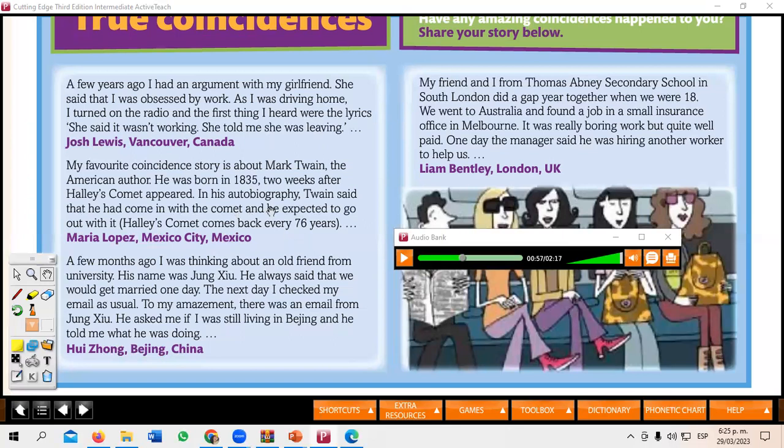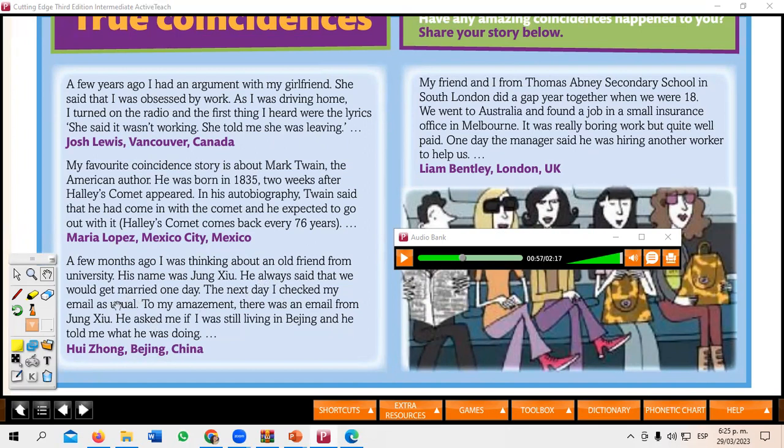Right. So we were correct. He died a day after the comet reappeared. Okay, this third coincidence is about a woman who was thinking about an old friend, and he always said that they would get married one day.